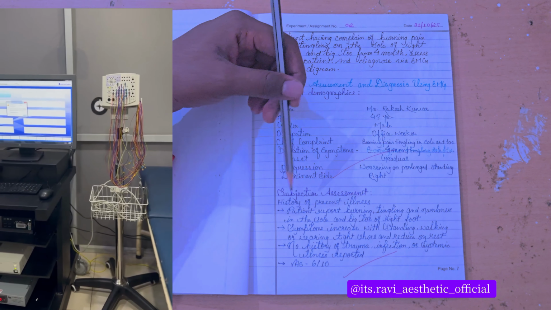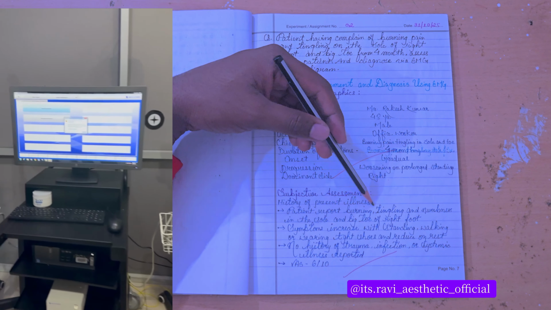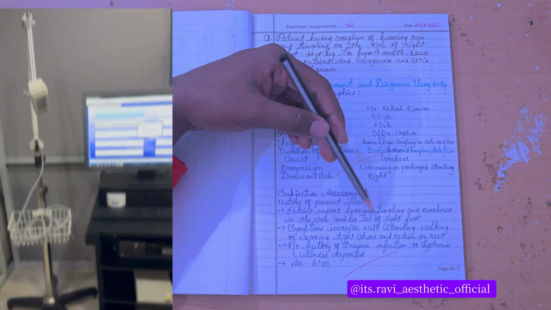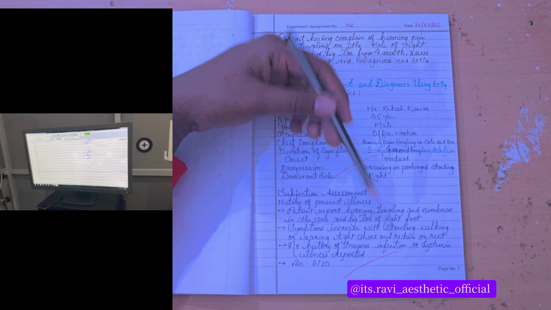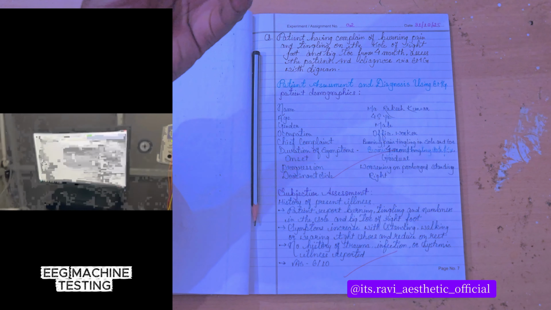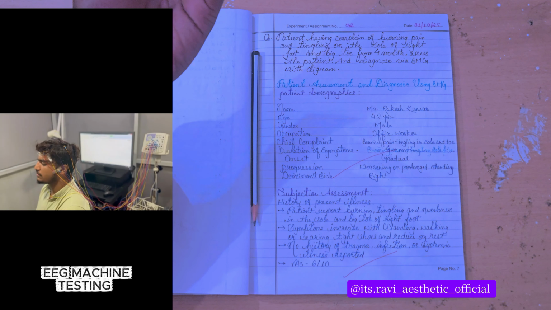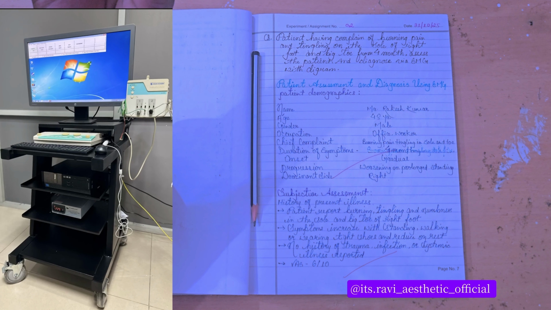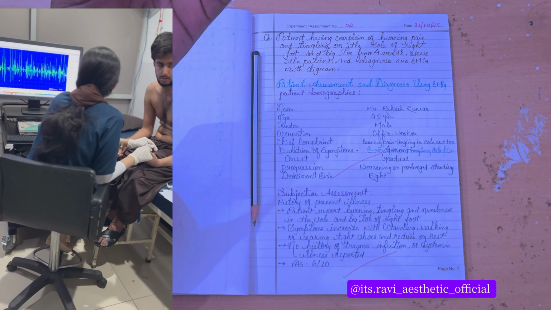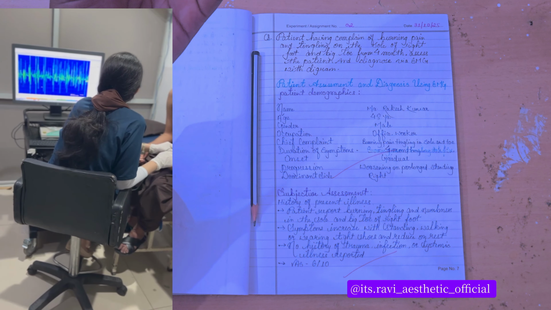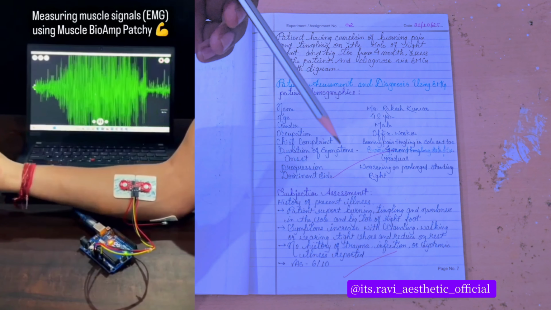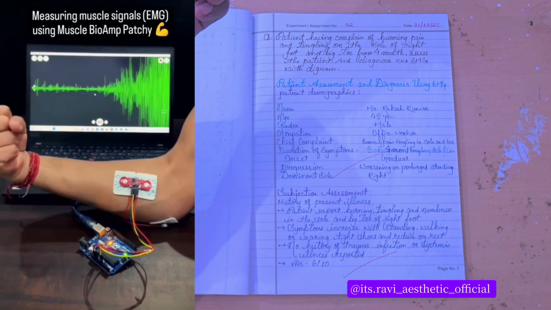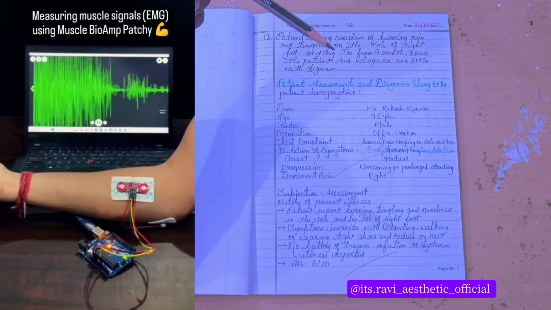What is the subjective assessment? History of present illness: the patient reports burning, tingling and numbness in the sole and big toe of the right foot. Symptoms increase with standing, walking and wearing tight shoes, and reduce on rest. Like standing and walking some steps, walking on a ladder, escalator or elevator, they have pain on that foot or sole, or when they wear tight shoes while walking or running, they again feel pain on the foot.